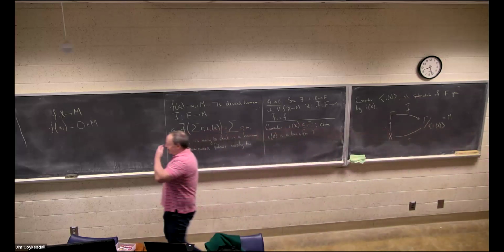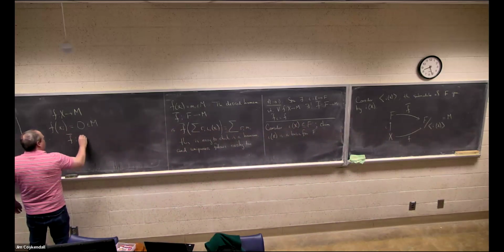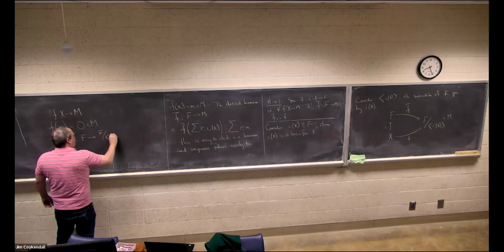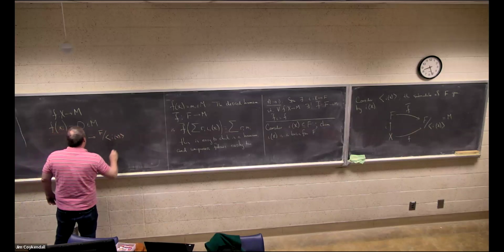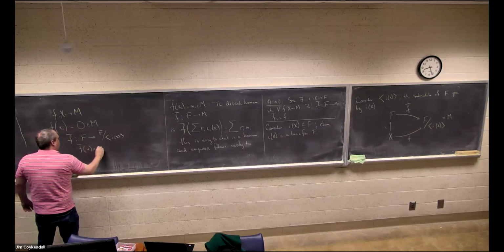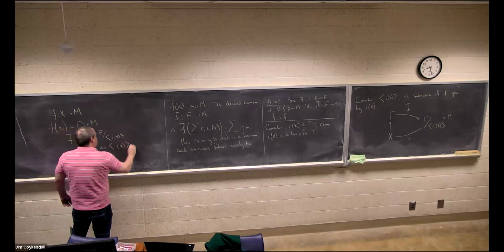Notice that F bar from F to F mod the submodule, given by F bar of alpha is alpha plus the submodule, makes the diagram.